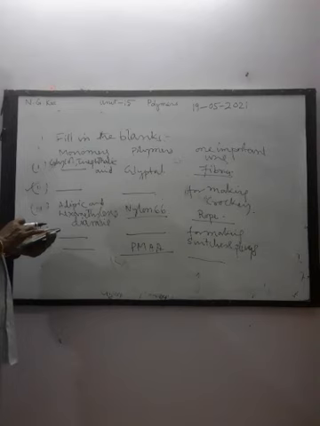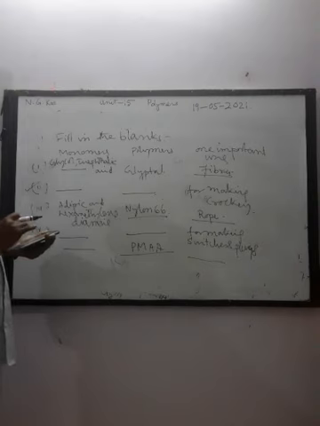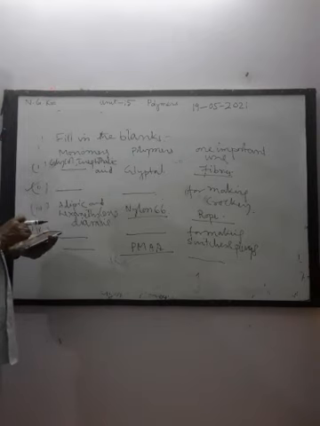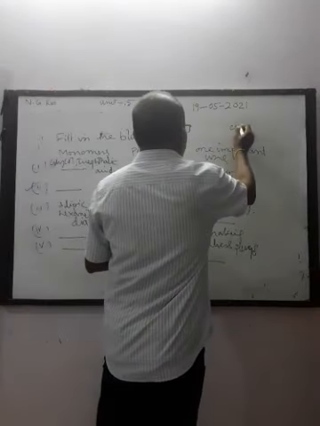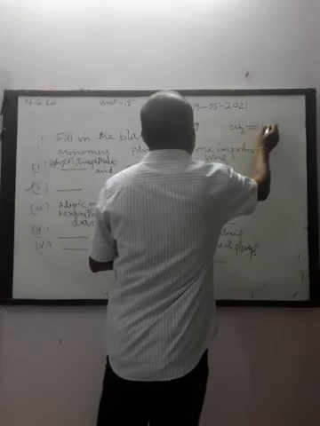And finally, question number 16. Write the names and structures of monomers of the following polymers. Buna-S rubber: the monomers are butadiene and styrene. Neoprene polymer, where the monomer is chloroprene. So this is the monomer of neoprene.